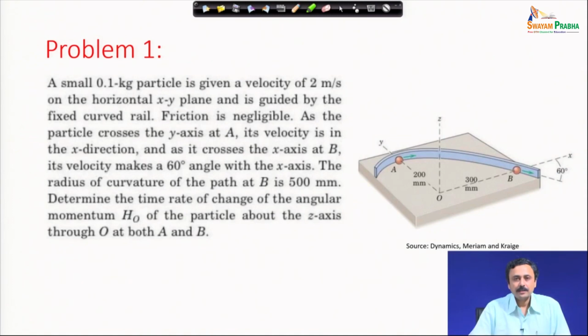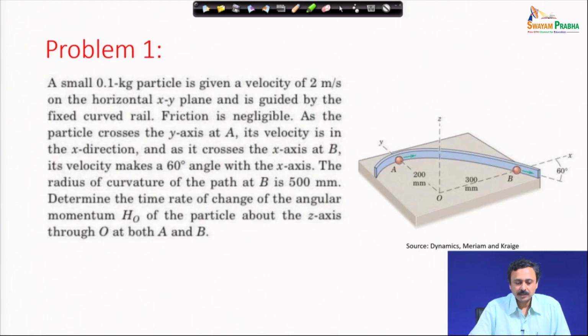Let us look at this example. This says a small 0.1 kilogram particle is given a velocity of 2 meter per second on the horizontal xy plane and is guided by the fixed curved rail. Friction is negligible.